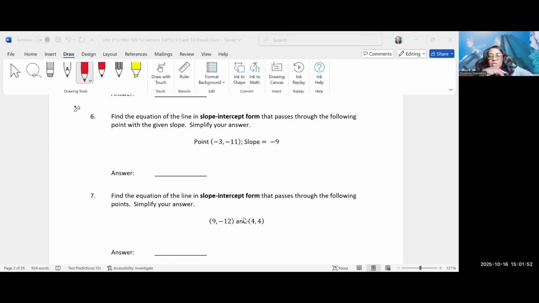You're given 2 points and you're told to find the equation in slope-intercept form. The first thing you want to do is find the slope, and then plug in the slope and one of the points in the point-slope formula. So that's what we're going to do now.